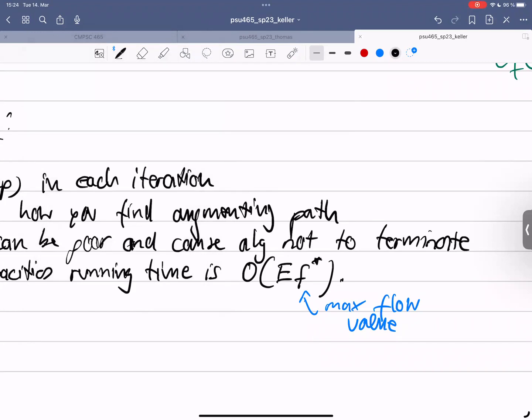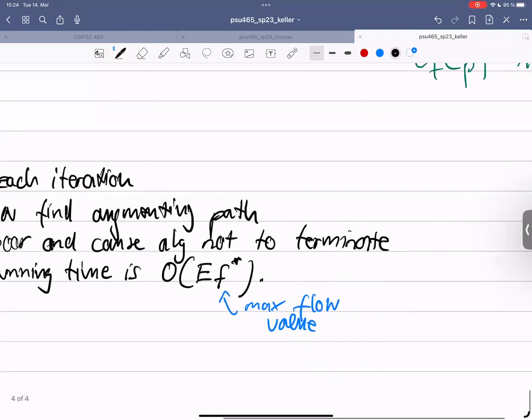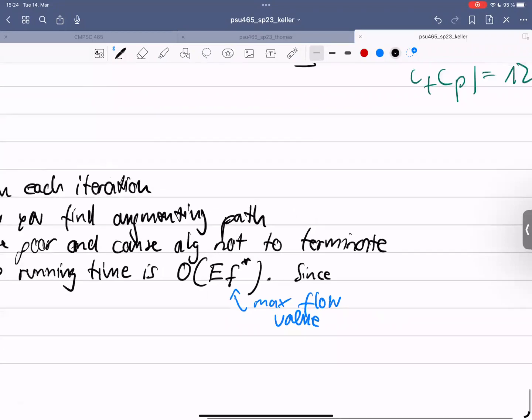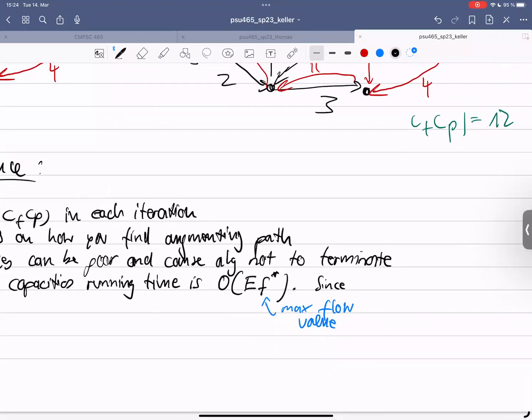So I think the running time of BFS should be clear by now, but let me just state why we have F star many iterations. The critical insight here is simply that the flow increases by at least one unit in each iteration.